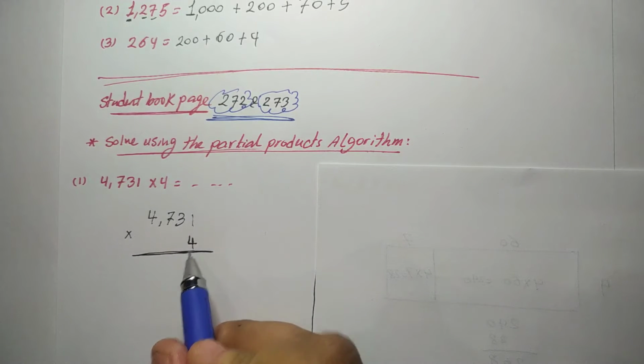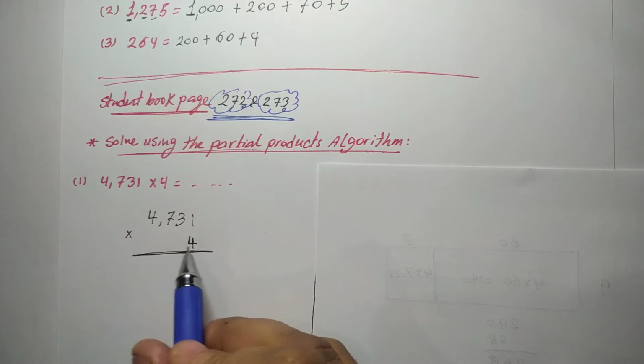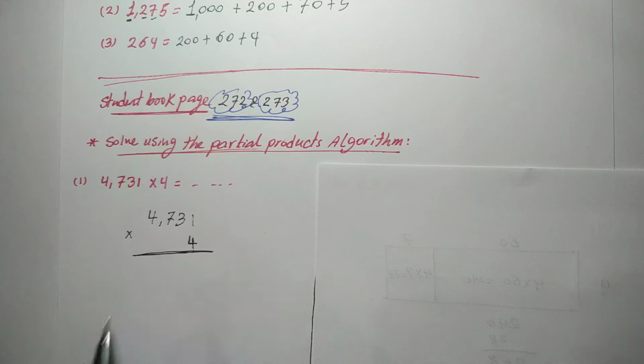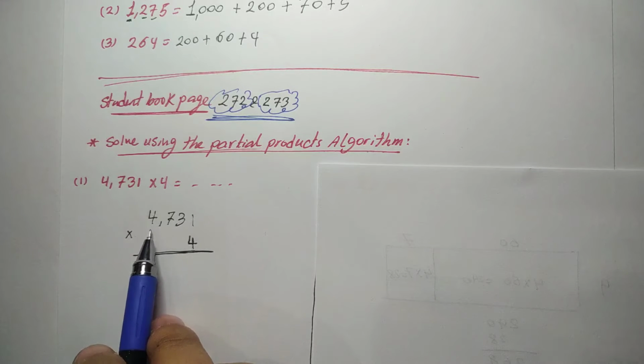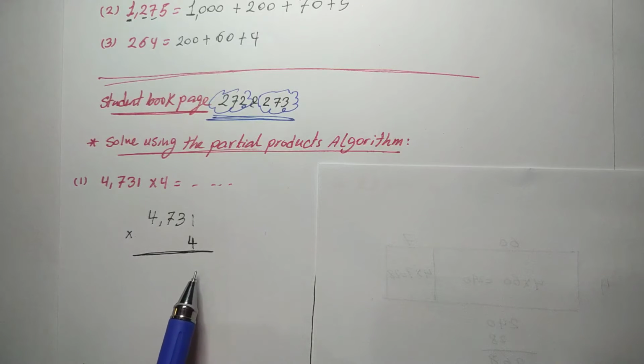It's 4 times 4, it will be 16. But notice that this 4 is in the thousands place, so I will write 1, 2, 3 zeros.